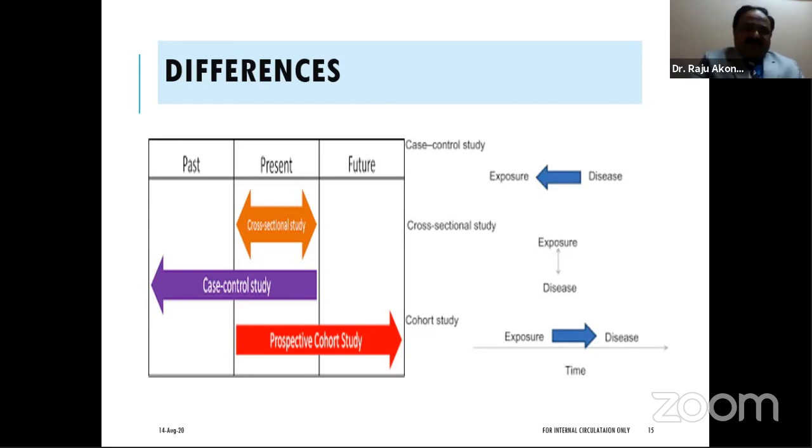You know what a cross-sectional study is, you know what a case control study is, you know what a cohort study is, and then you check whether they followed this exactly or not, whether they deviated from the study design or not. If they have not deviated, that means they have followed it properly, right? So that means you can give them maybe a tick mark in the first evaluation criterion, right?